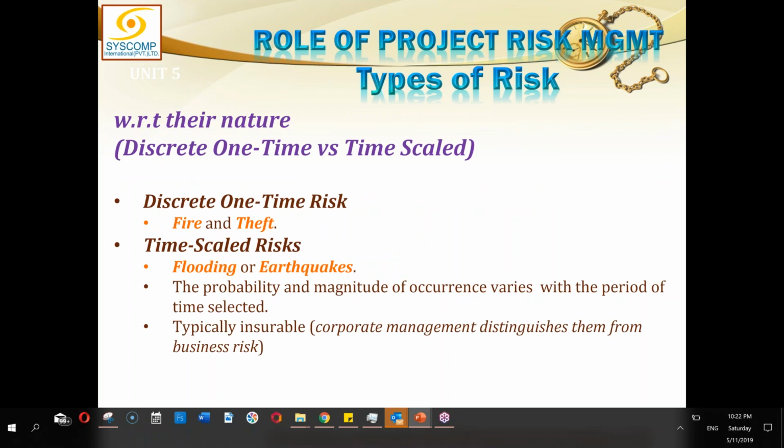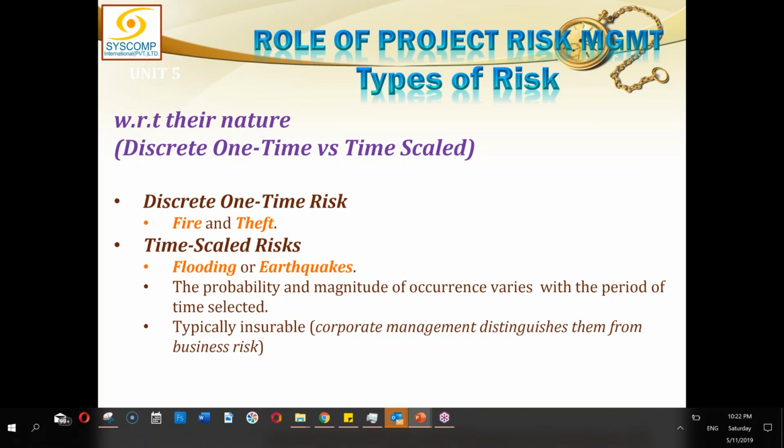Then looking at some other aspects with respect to nature, there could be discrete one-time events or time-scaled events. One-time events are those risks which are likely to occur only once in a while, like fire or theft.